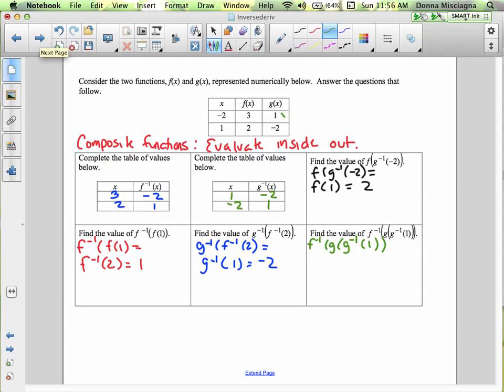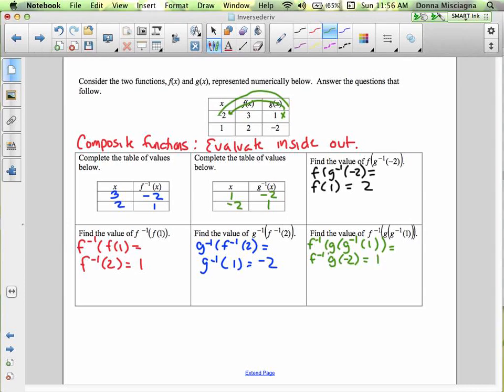If we plug that in, we get negative 2. So this is f inverse of g of negative 2 equals, of course, if we plug in negative 2, we're going to go right back to 1. That makes sense because g and g inverse are inverses of one another. They just cancel each other out, leaving the 1.